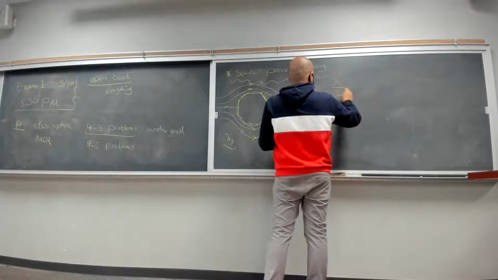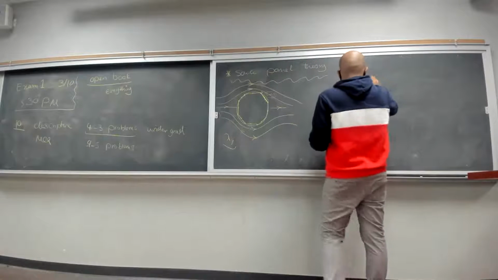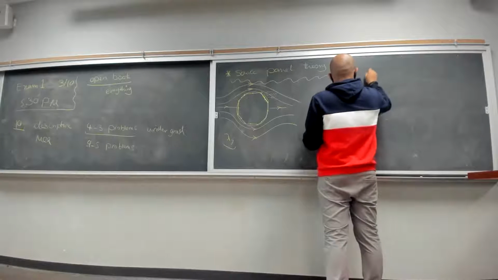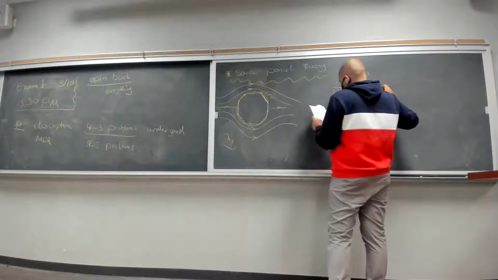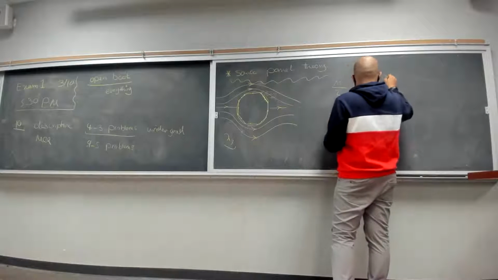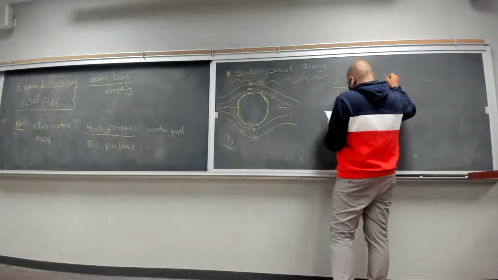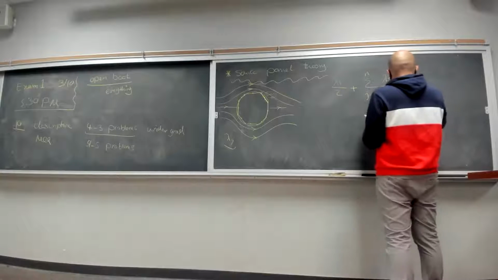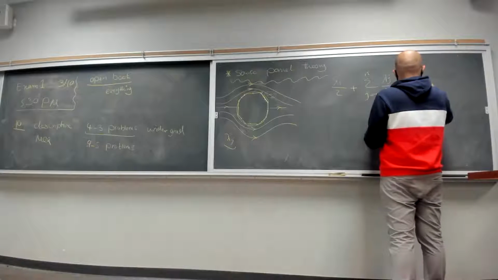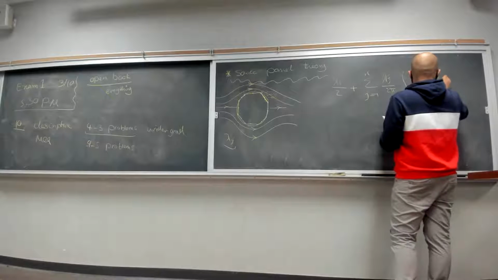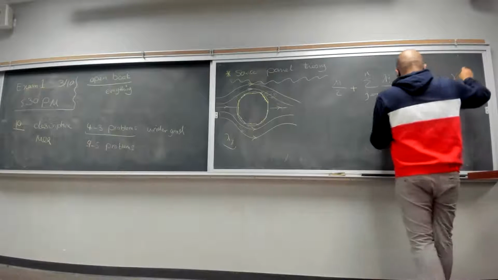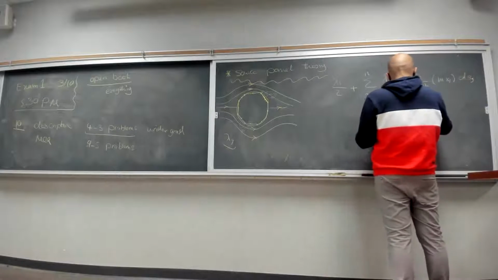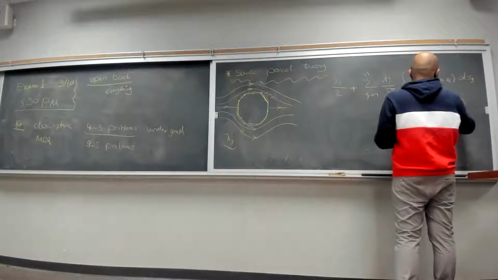Lambda i divided by 2, lambda of a panel divided by 2, plus the sum over all the other panels that are inducing some velocity on the panel of interest. So lambda j over 2 pi, integral over that panel, partial n, natural log of r_ij, ds_j, plus V infinity cosine of beta i.